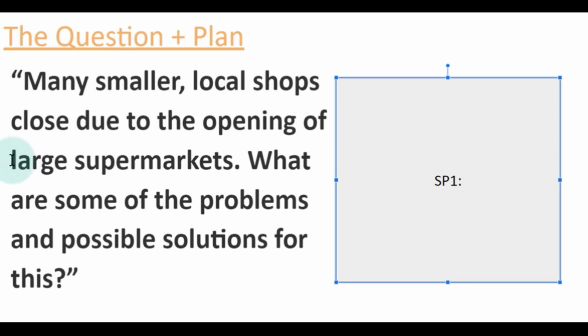Large supermarkets often buy goods from many different places around the world, whereas smaller local shops employ and make, grow, if it's food, everything locally. They don't generally bring lots of goods and employment from other countries or other areas. So they're probably better for the local economy.